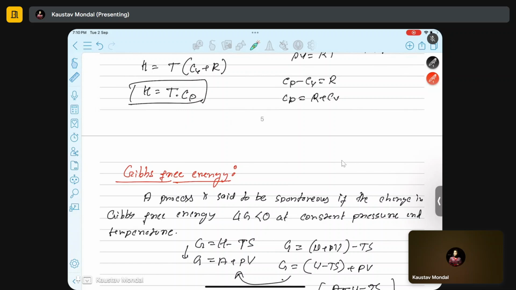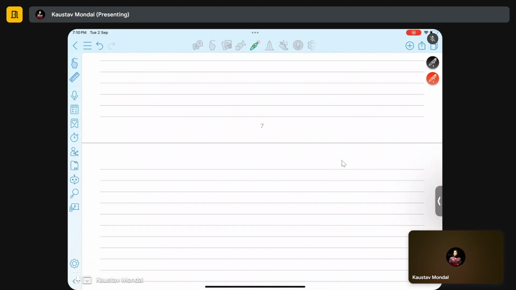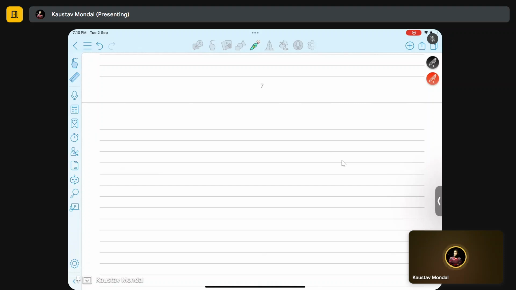Now the next thing we will do: so far we have only considered monoatomic systems, where there is only a single contribution in the partition function, from the translational component. There are also other components in the expression of the partition function, like the rotational, vibrational, and electronic partition functions.